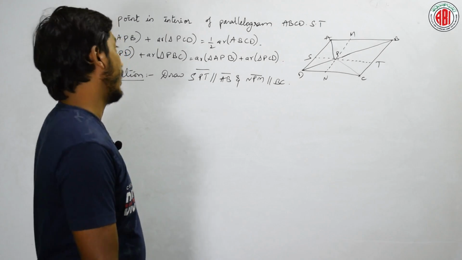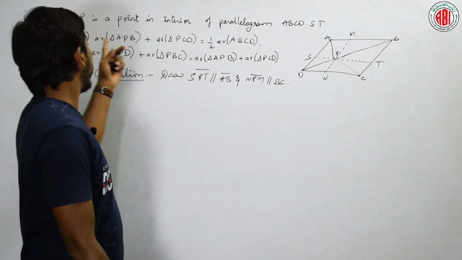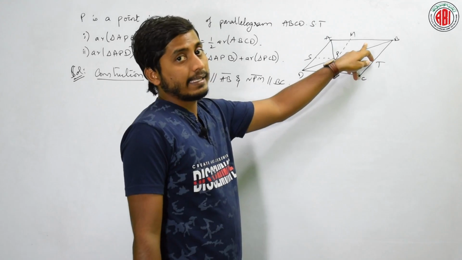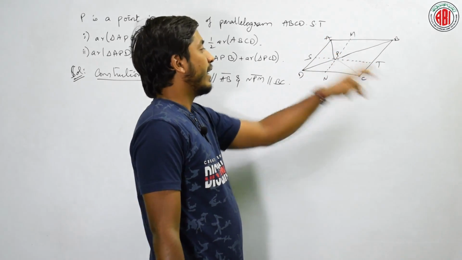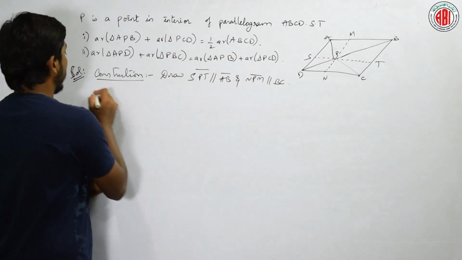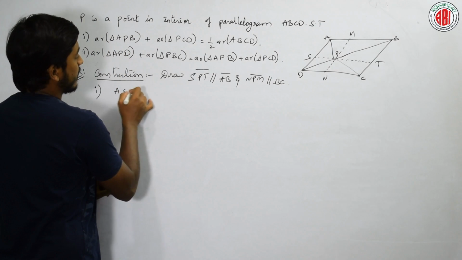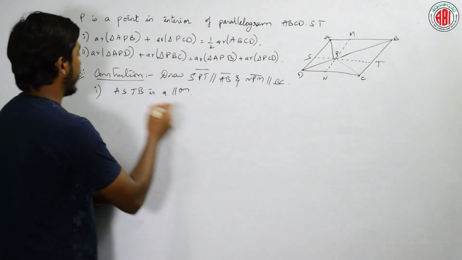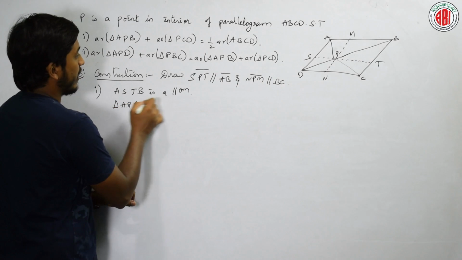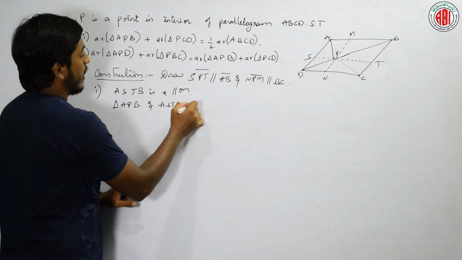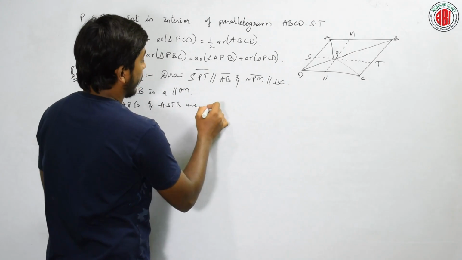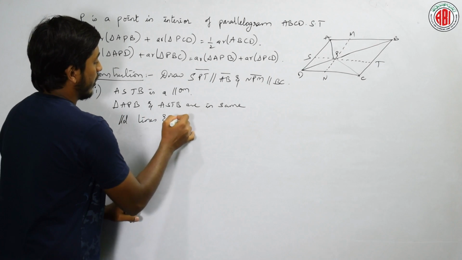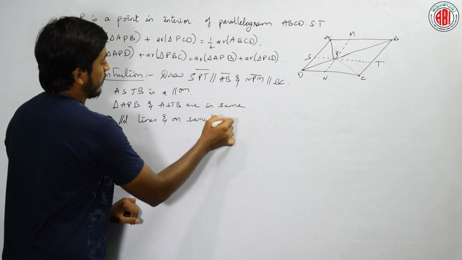Clear? Now let us check the first question. What is given here? Triangle APB. If you observe here, APB is in between AB and ST. ASTB is a parallelogram, and here triangle APB and ASTB are between the same parallel lines and on the same base.